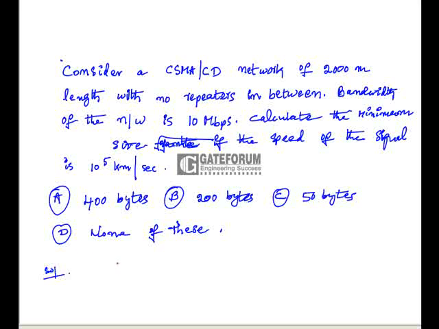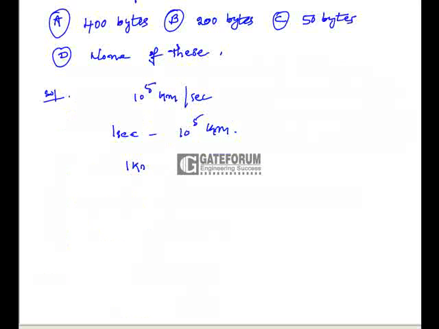We can do it like this. The speed of the signal is 10 power 5 kilometers per second. So for 1 second, 10 power 5 kilometers. So 1 kilometer takes 1 by 10 power 5 seconds. 1 kilometer means 1000 meters. For 1000 meters, 1 by 10 power 5 seconds.